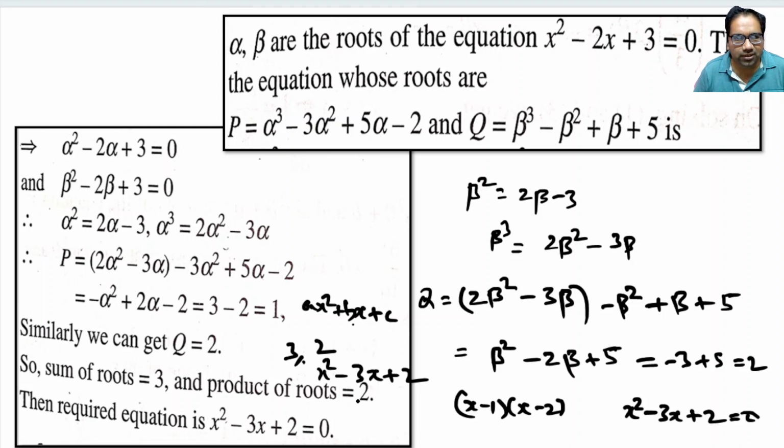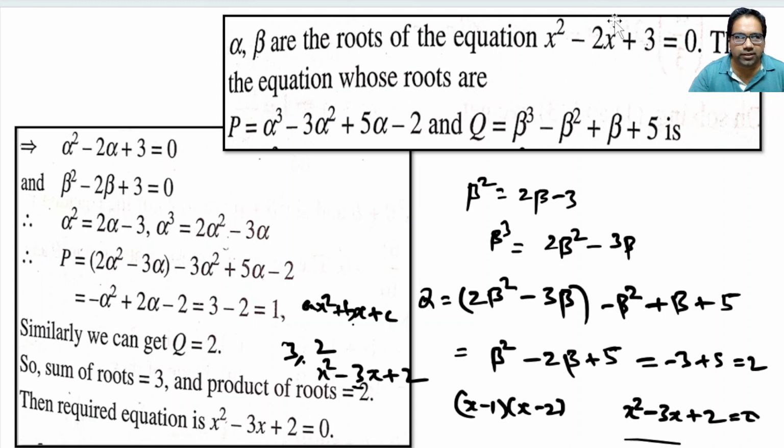In this case, a is anyway 1. Sum of the roots is 3, so b is minus 3, and product of the roots is 2, so c is 2. This is the equation. Finally, this is the answer: x square minus 3x plus 2.